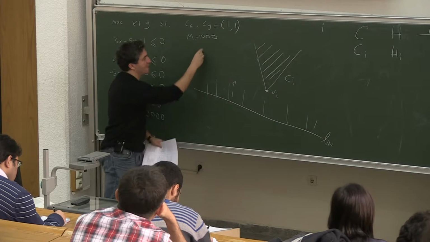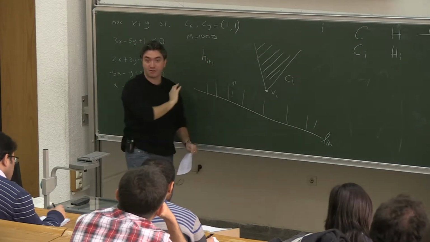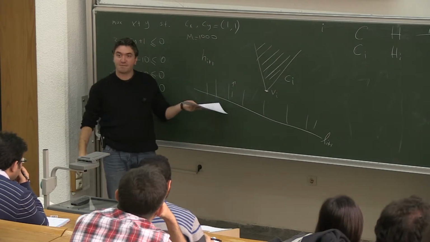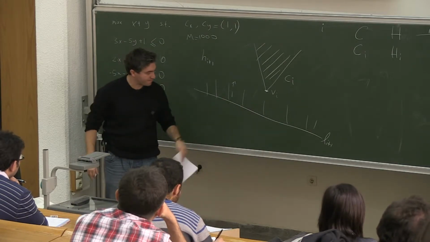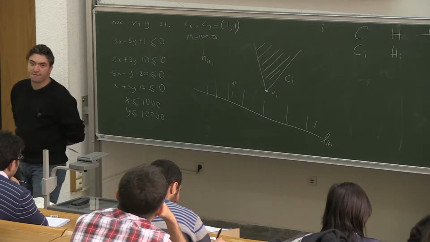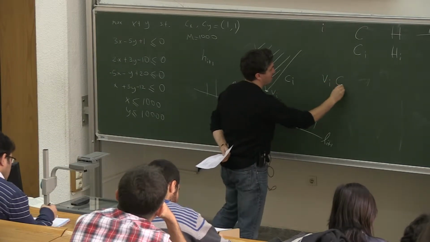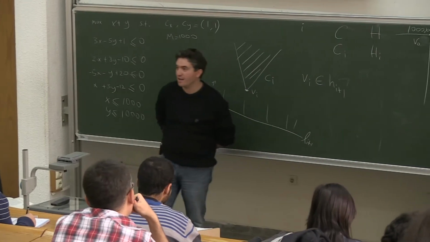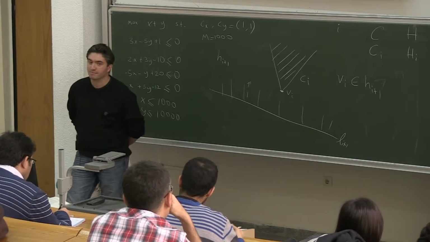So half plane Hi plus 1 is actually the whole unbounded region here, and Li plus 1 is the line that bounds it. Now, if Vi is included in this half plane Hi plus 1, what happens?